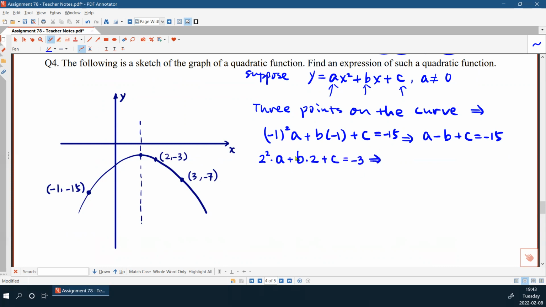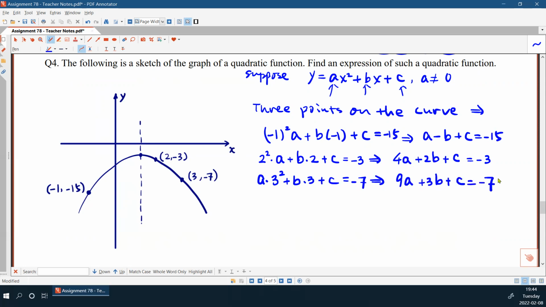Then simplify it, you will get 4a plus 2b plus c equals -3. Then the third point, which is 3, -7. That means a times 3 squared plus b times 3 plus c equals -7. So 9a then plus 3b plus c equals -7, right?